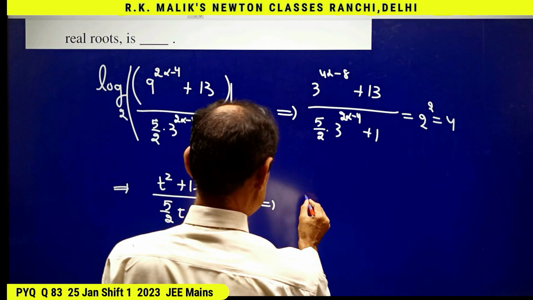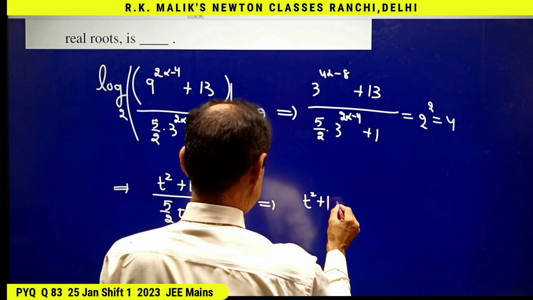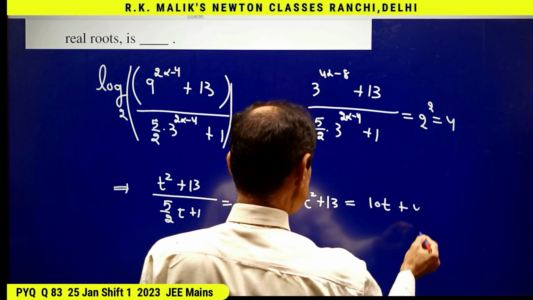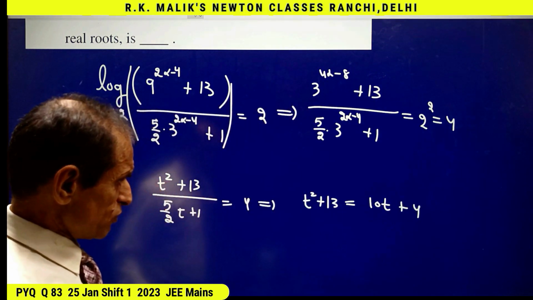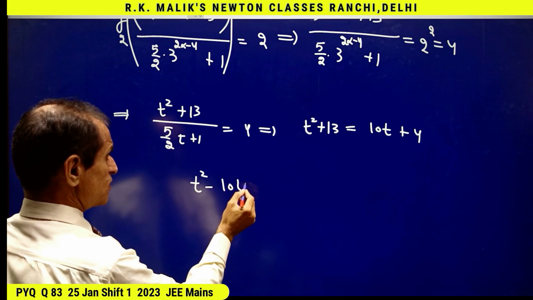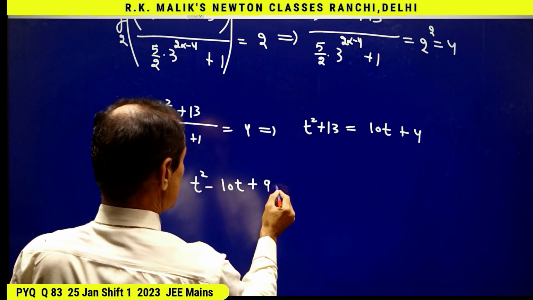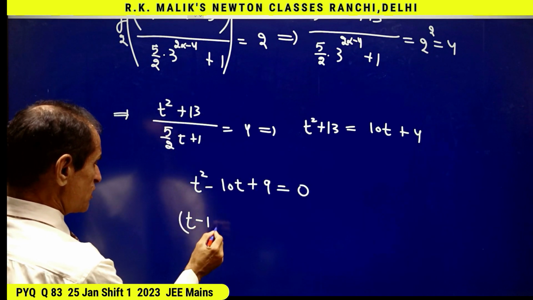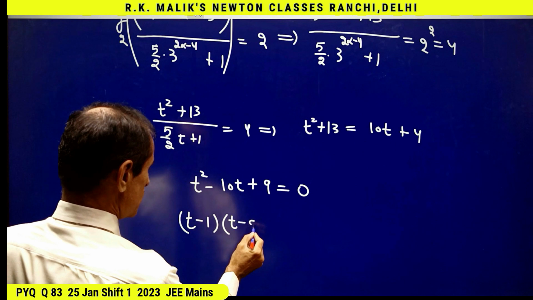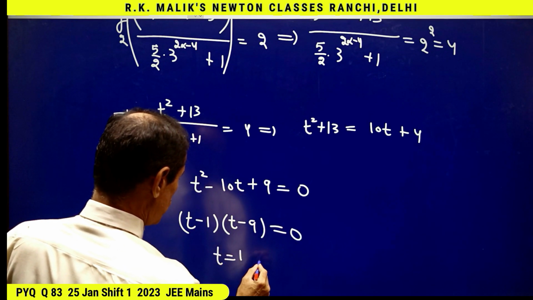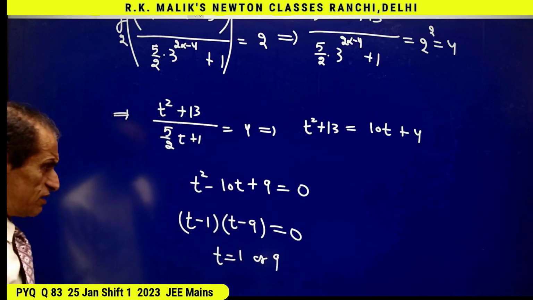That is, I get t square plus 13 is equal to 10t plus 4. That is, I get t square minus 10t plus 9 equal to 0. That is, the roots are (t minus 1) into (t minus 9), and that is t equal to 1 or 9.